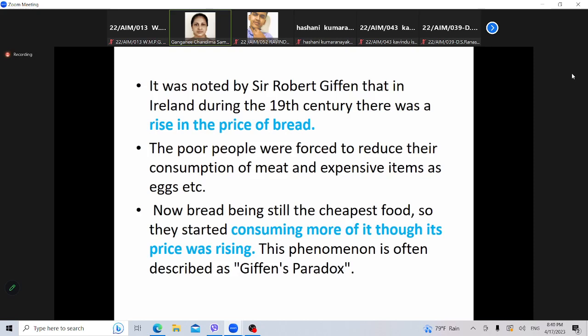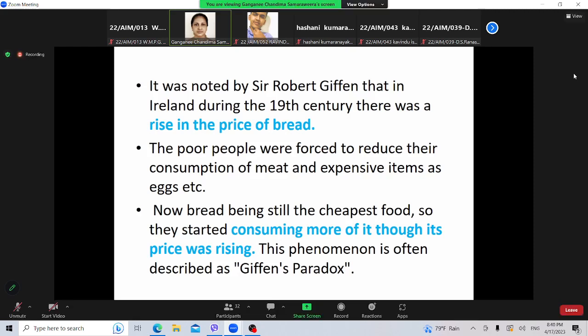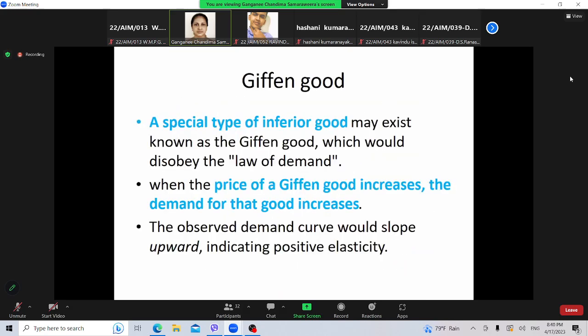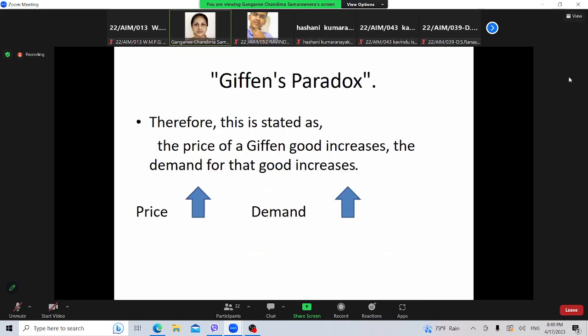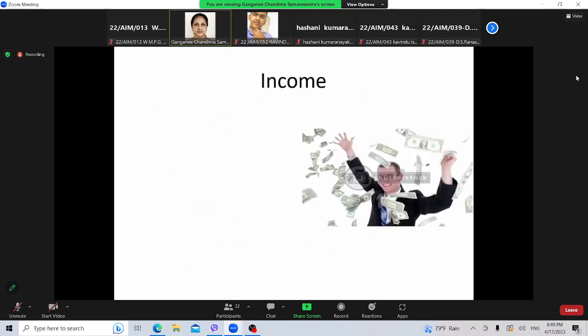They considered bread still the cheapest food, so they started consuming more and more of it, even though the price was rising. That's why this phenomenon is called Giffen's paradox, because it was found by Giffen. The product is named the Giffen good, and the scenario the Giffen paradox. The Giffen paradox says that when the price of a Giffen good increases, the demand for that good also increases.